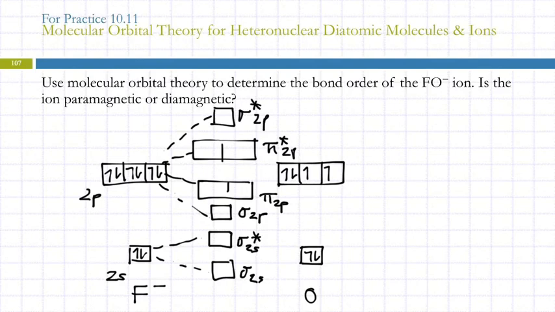So we have 8 plus 6, we've got 14. So we're going to put 14 electrons in here. 1, 2, 3, 4, 5, 6, 7, 8, 9, 10, 11, 12, 13, 14.